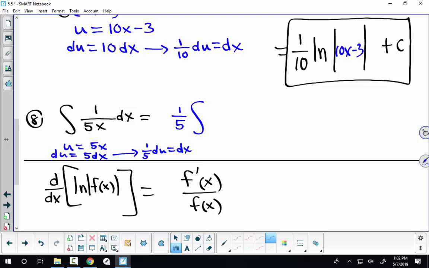So 1/5 times the integral of 1 over u du is what we get after our substitution. Which again, you should write this antiderivative with the natural log of the absolute value of u plus c.